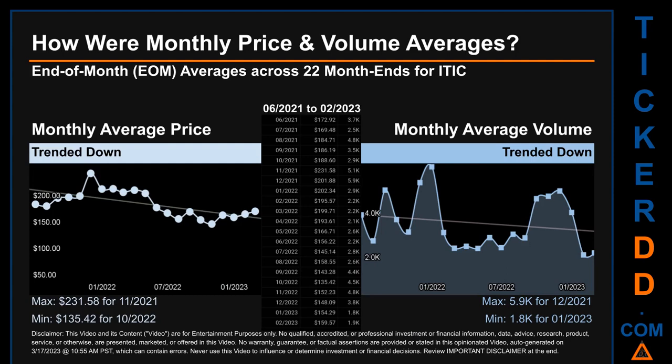The maximum end-of-month average price was $231.58 for 11/2021, while the minimum was $135.42 for 10/2022. Looking at volume, 12/2021 and 01/2023 respectively saw the highest and lowest monthly average volume at 5.9 thousand and 1.8 thousand.